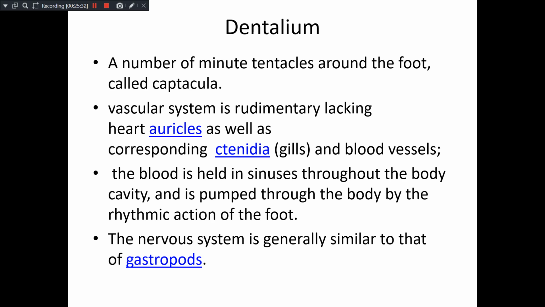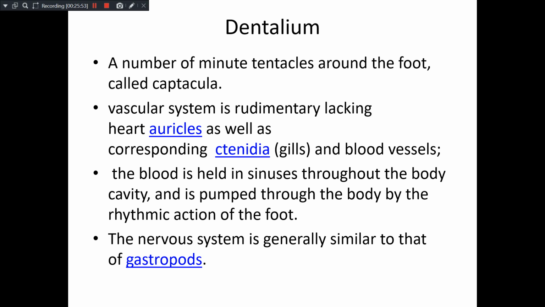If you look at the vascular system, the blood circulatory system is very rudimentary, lacking auricles in the heart. They also don't have gills or blood vessels.